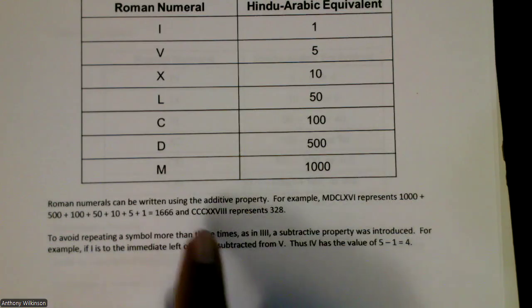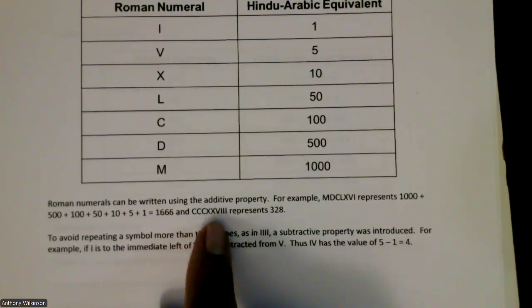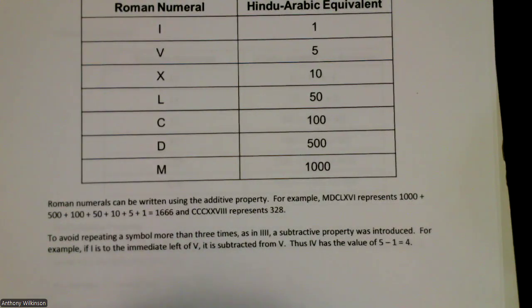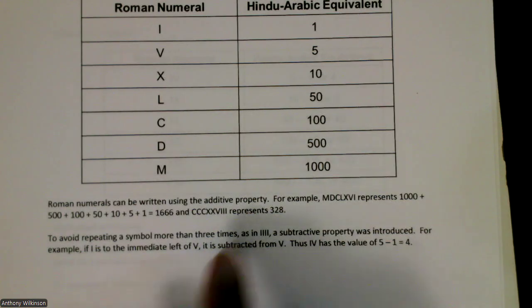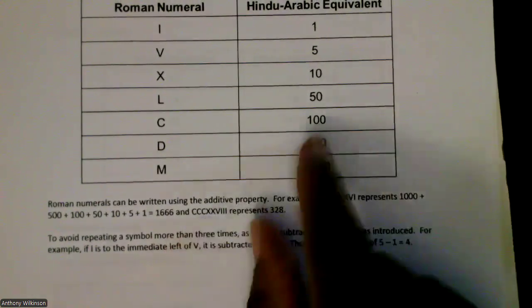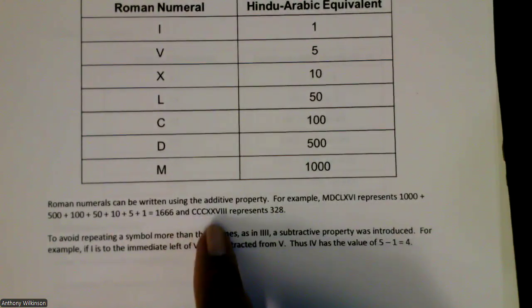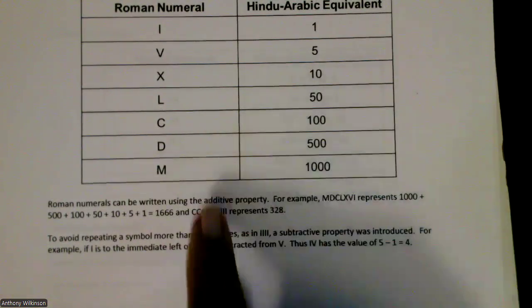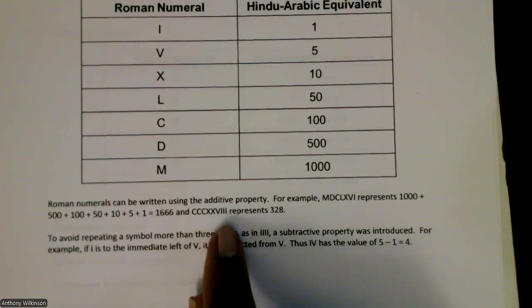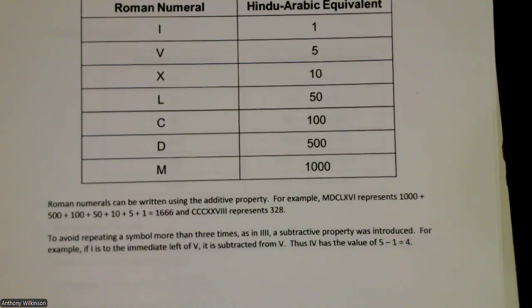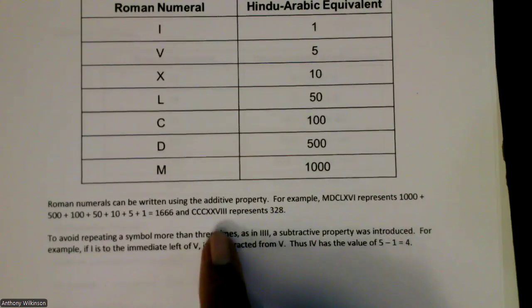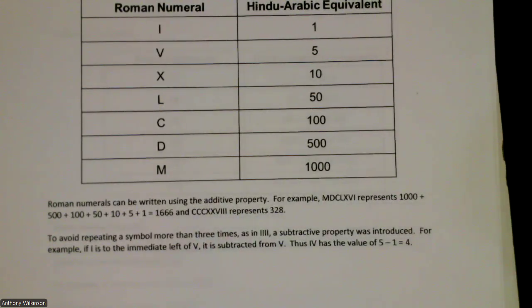Also, the Roman numeral CCCXXVIII represents 328, because notice you got 3 C's. Each C represents 100. So that's 100, 200, 300. 2 X's. Each X has a value of 10. So that's 10 plus 10, that's 20. And then the V represents 5, and the 3 I's, each one represents a 1. So this is like 5, 6, 7, 8.